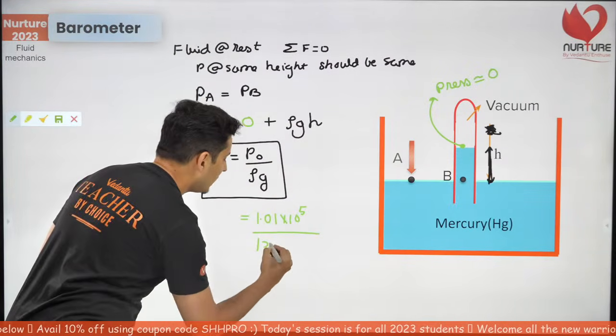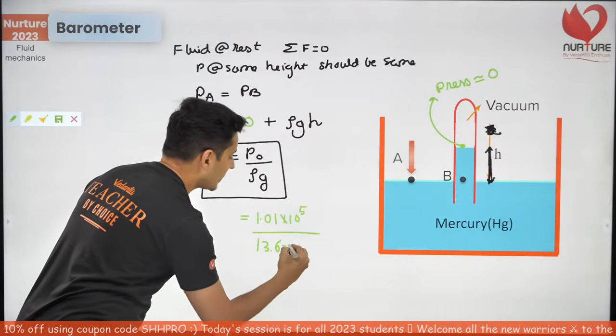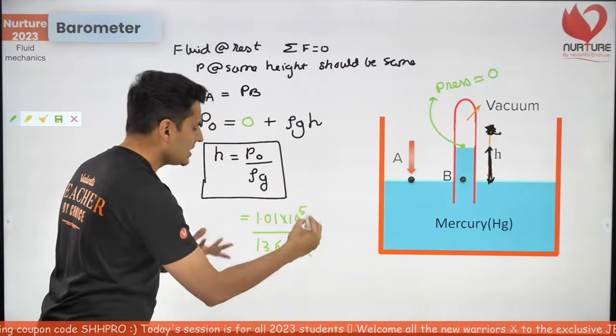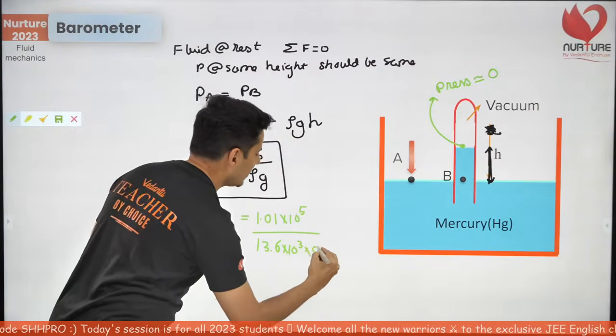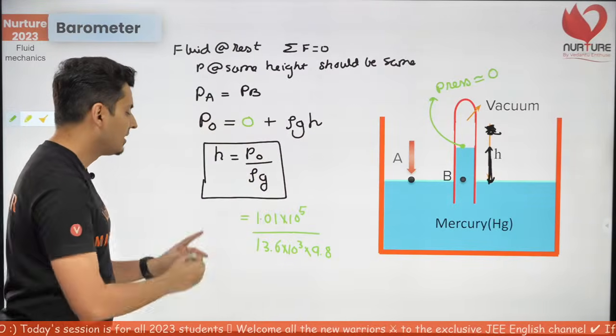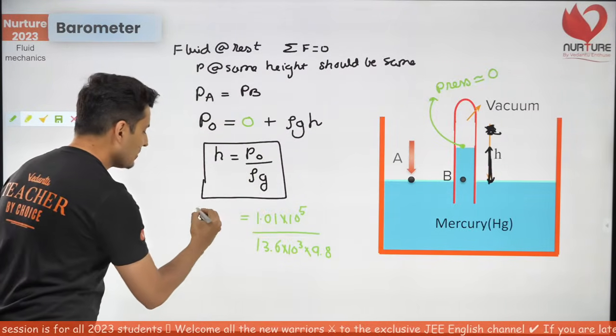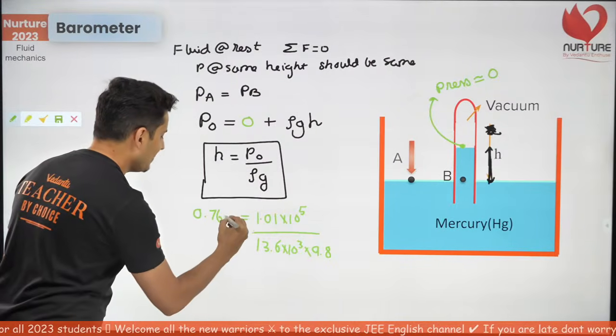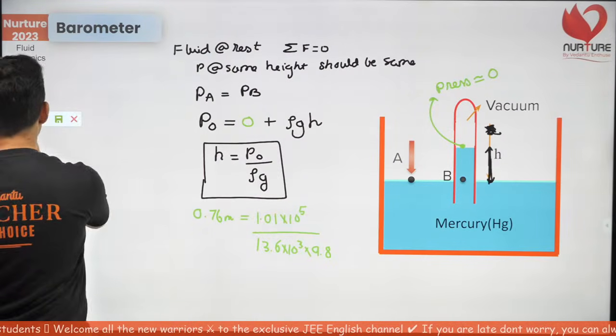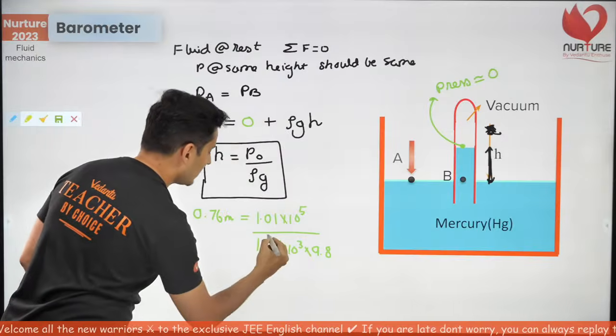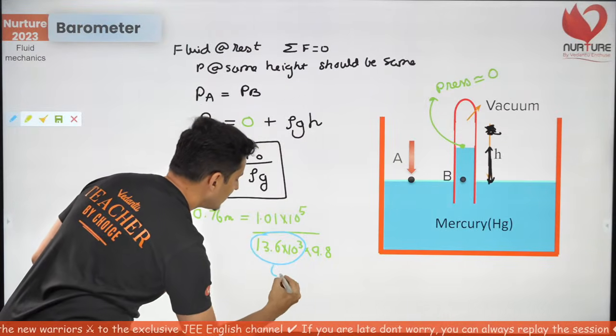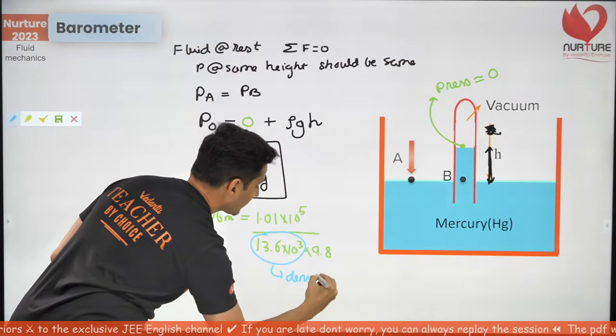So liquid mercury is 13.6 into 10 to the power 3, into g, where g is 9.8. If you put the exact values, guess what? This is going to come out to be 0.76 meters. If you're wondering what this 13.6 is, this is basically the density of mercury.